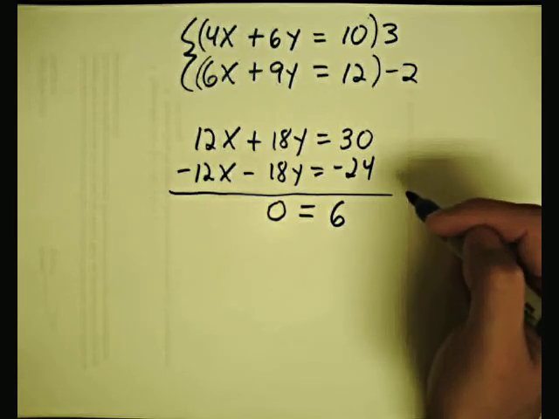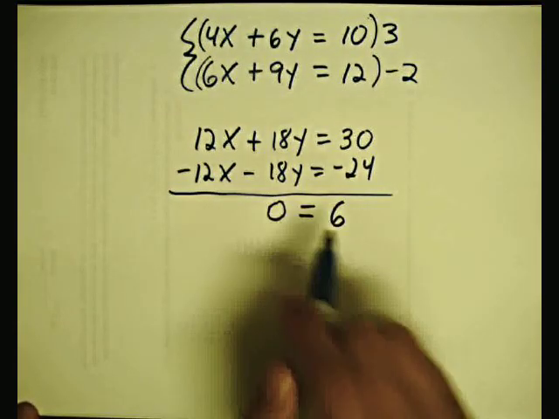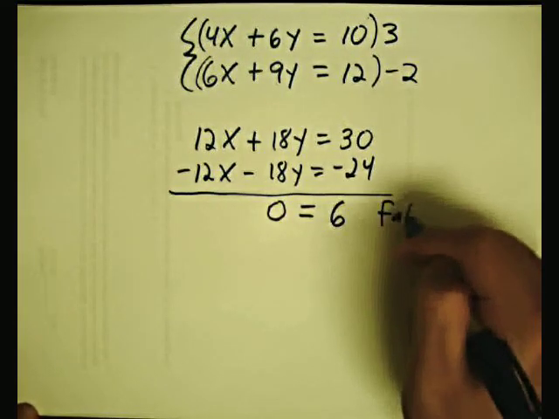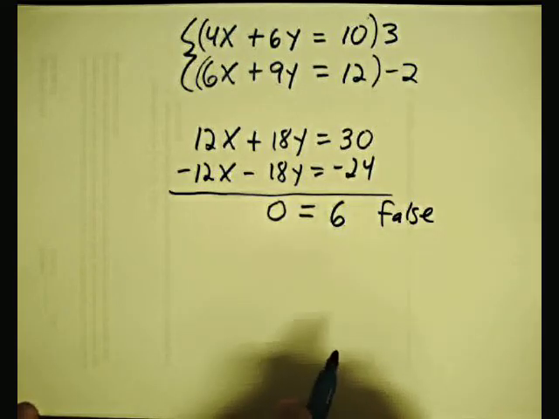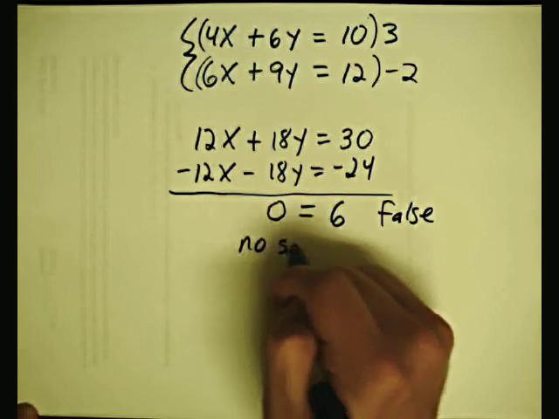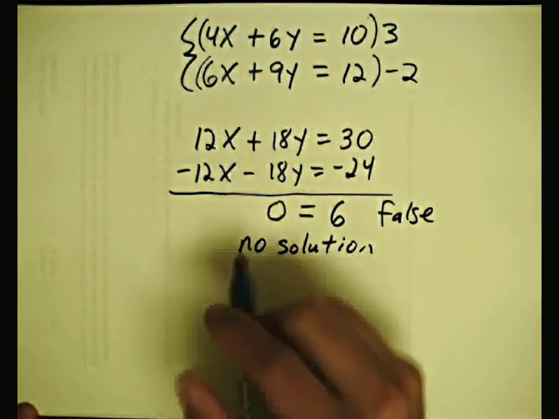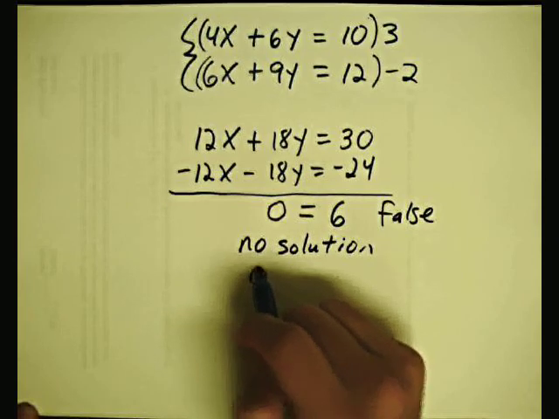So like other problems, if your variable completely cancels away, look at what you have left, see if it's true or false. 0 equals 6 is false. And if you have a false statement, that means no matter what you pick, you will not have a solution. So no solution. And sometimes, of course, we would represent that with the empty set symbol.